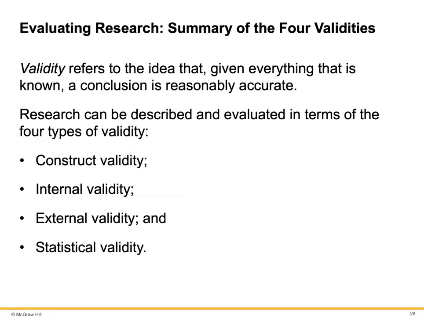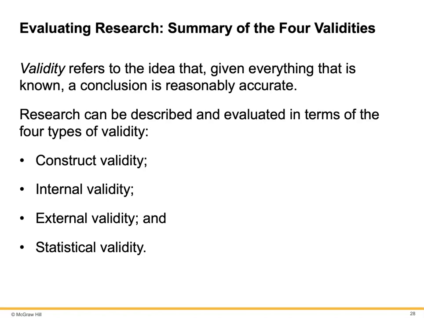And so validity refers to the idea that, given everything that is known, a conclusion is reasonably accurate. Validity refers to the truth, and the accuracy of the representation of information. And research can be described and evaluated in terms of, remember, the four types of validity.